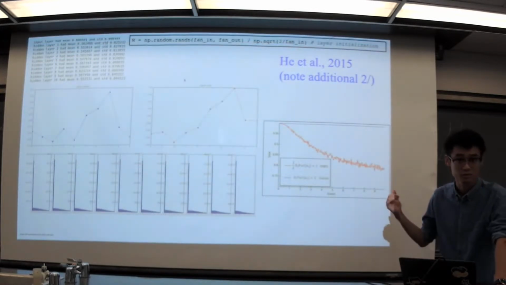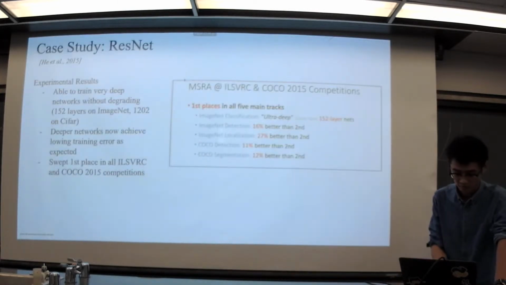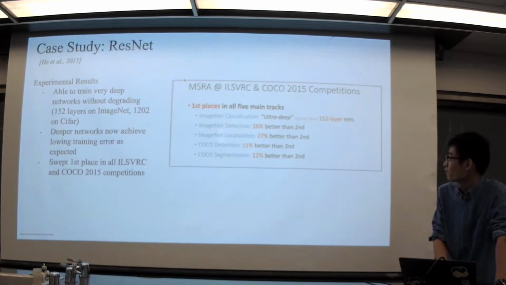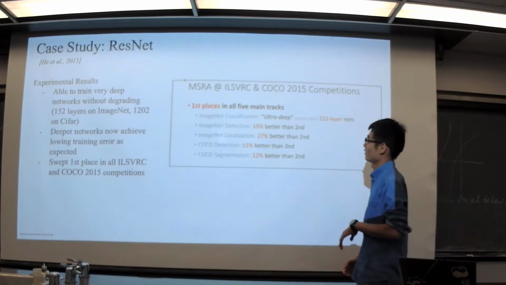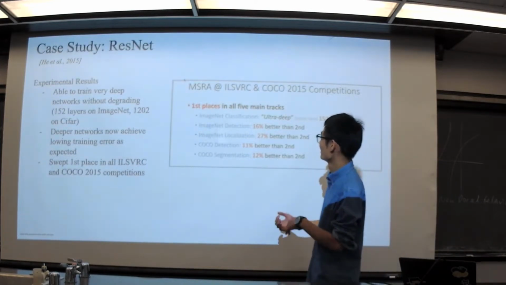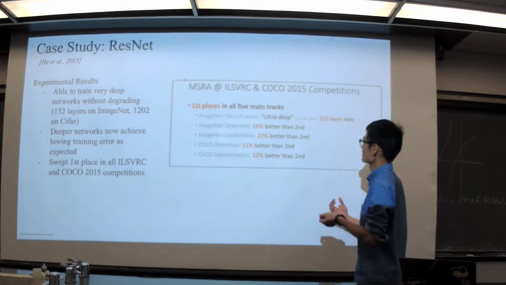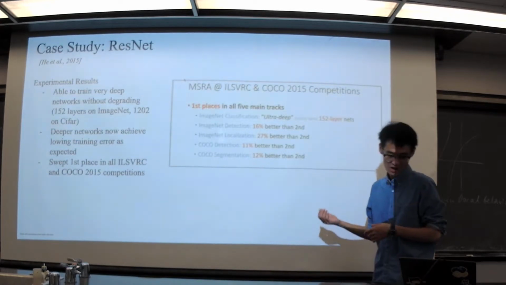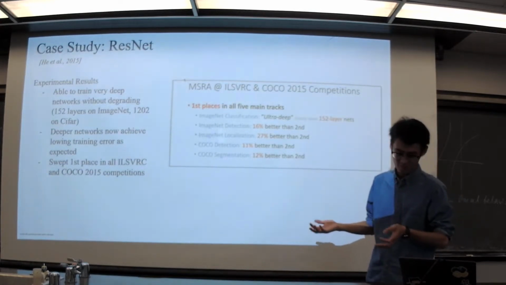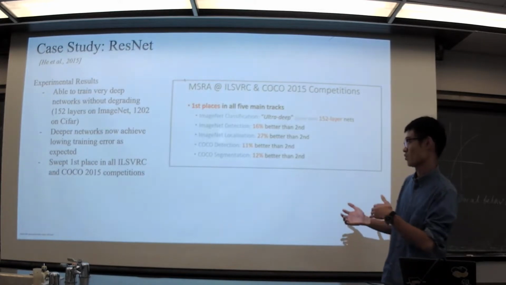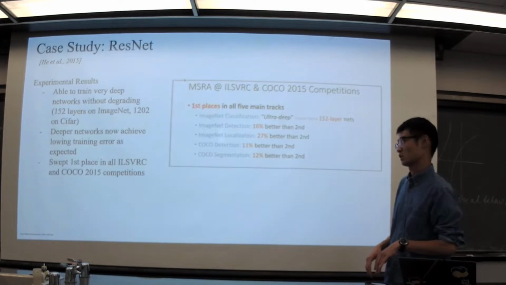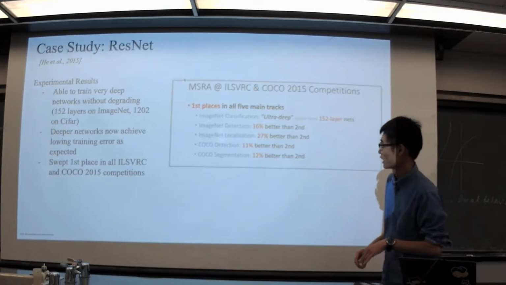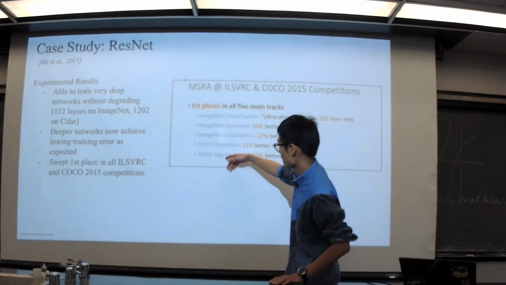Any questions? Let me finish the last one, the results for ResNet. Once ResNet came out, it immediately became the top one in almost every challenge, I should say common data sets, like ImageNet and MS COCO.